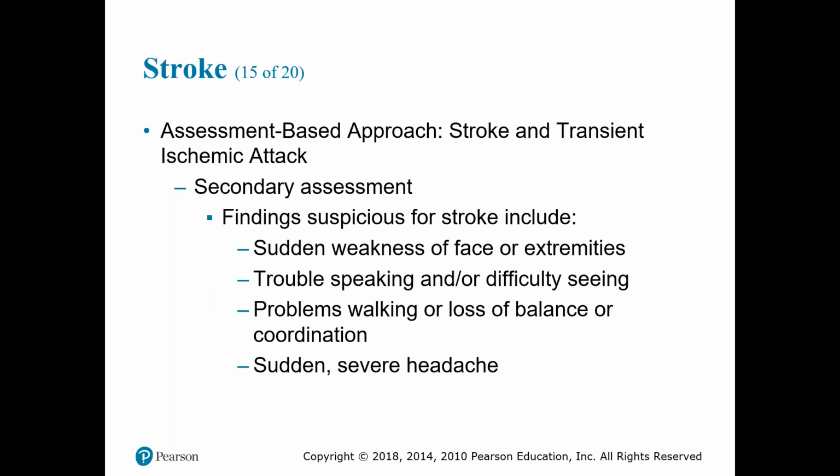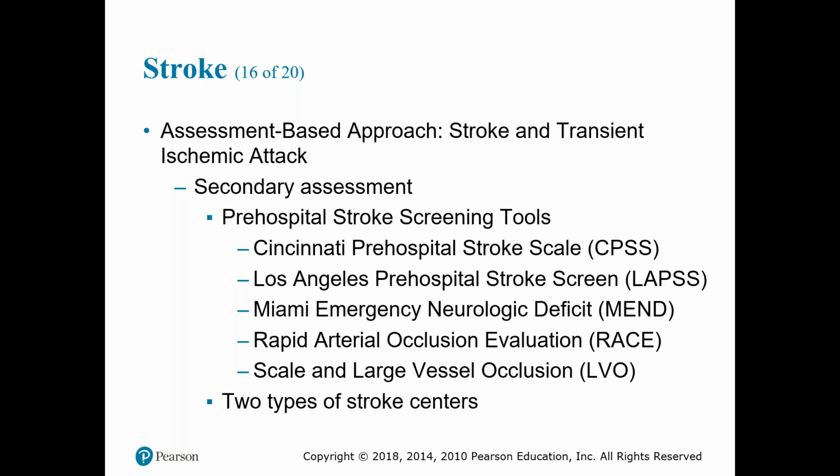And then with our secondary assessment, pay close attention to the central nervous system and dive into the Cincinnati stroke scale. Significant findings are going to be facial droop, one-sided weakness and/or paralysis, slurred speech, altered mental status.